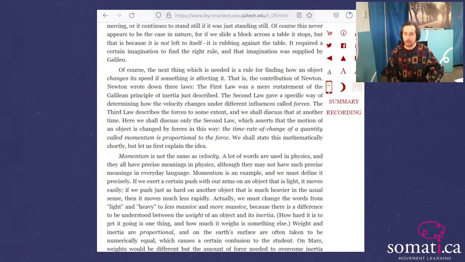But Newton describes the actual changes required. So the first law is inertia. And the second law, a specific way of determining how velocity changes under different influences called forces, F equals ma. The third law describes the forces to some extent, and we shall discuss that at another time.